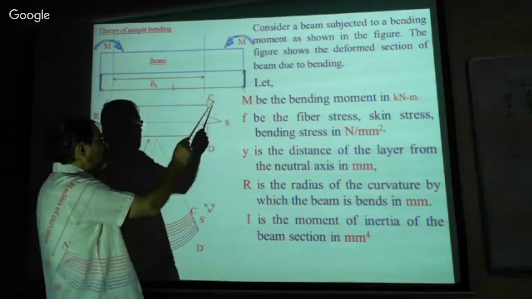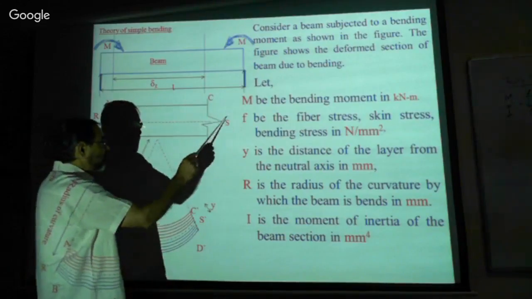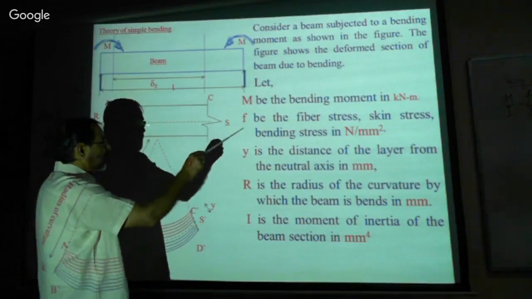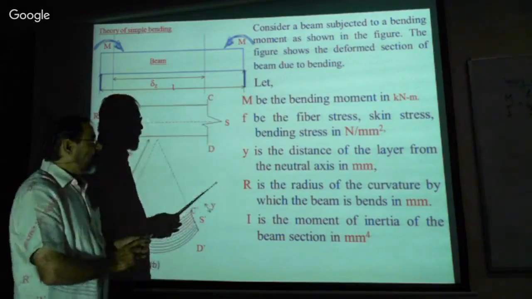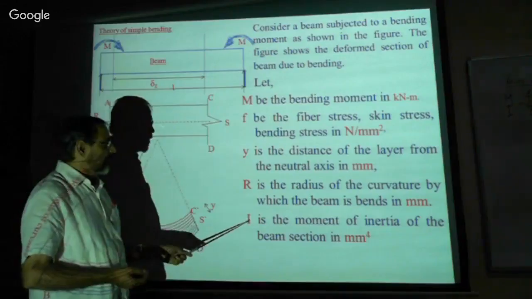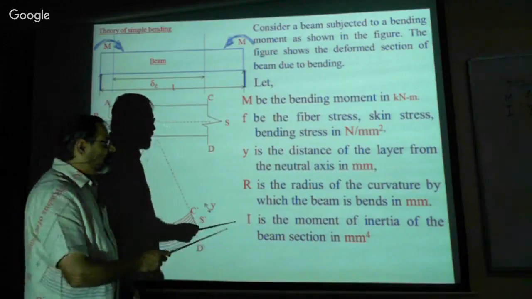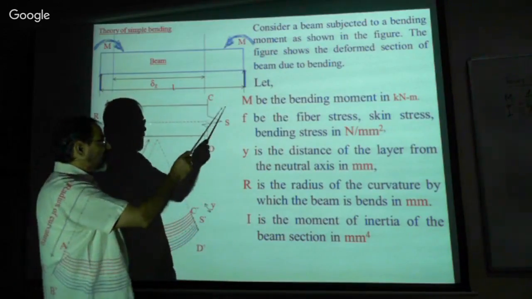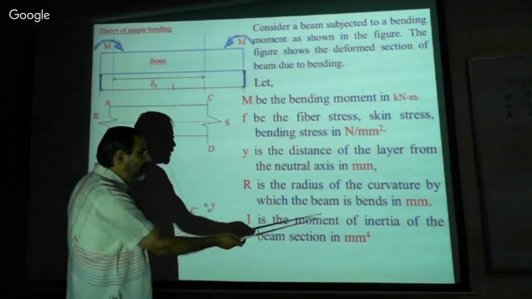The cross section of this beam may be rectangular or any shape, maybe circular, hollow, I section, whatever it may be. I is the moment of inertia, in millimeter to the power of 4.